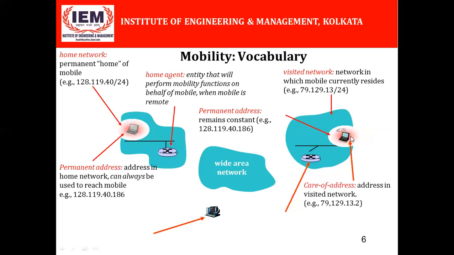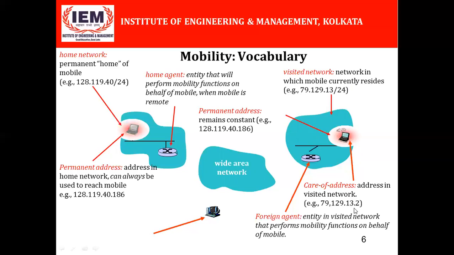The care of address in the visited network is defined by the same thing, 79.129.132, okay, not 13.2, it is 132. So something related to that is the care of address.